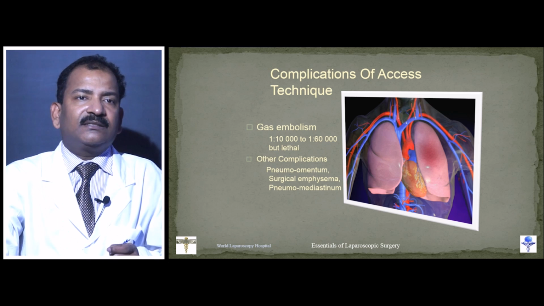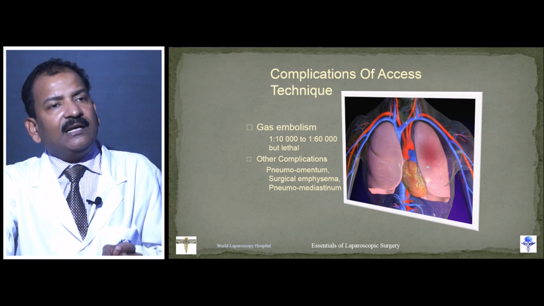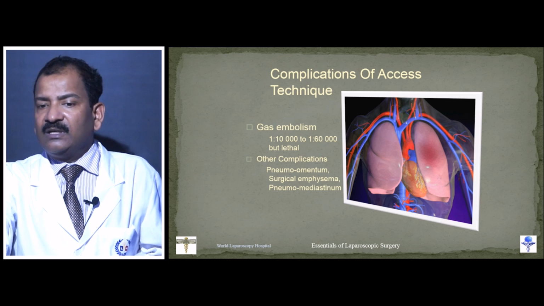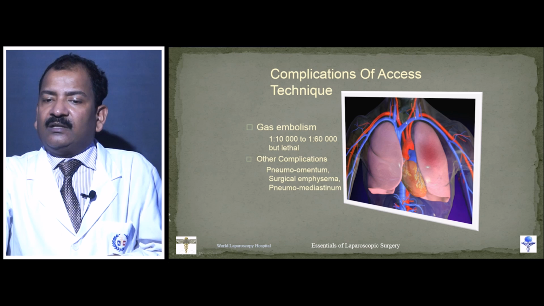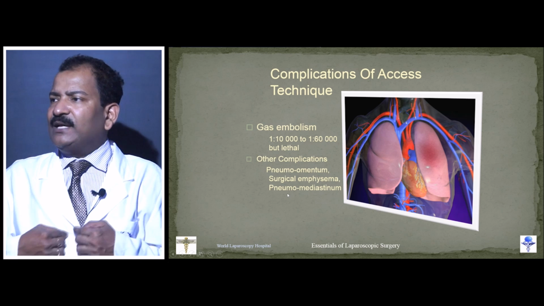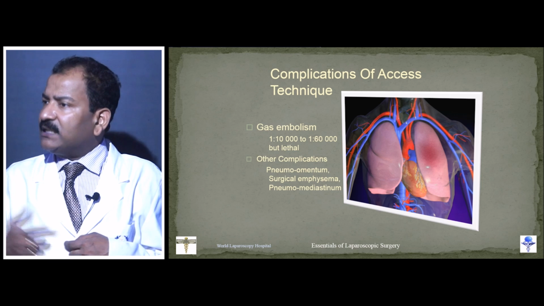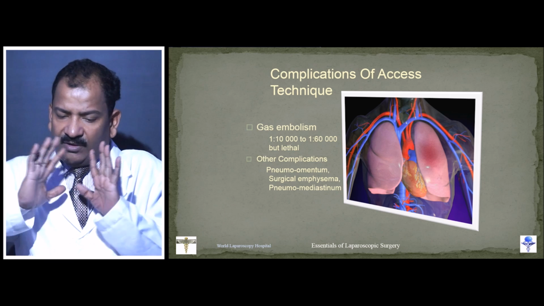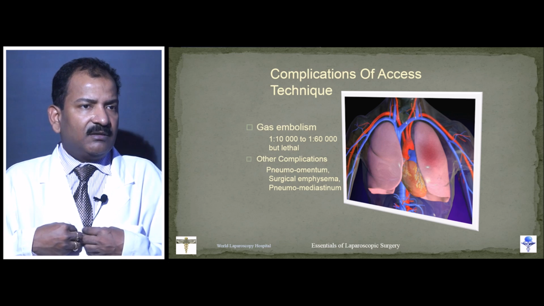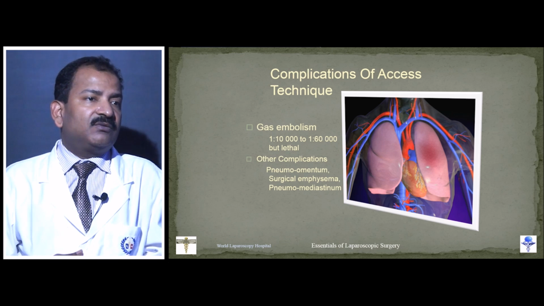So, gas enters. If it is happening in an adult, that means your pressure is more than 25. Pneumomediastinum is a condition in which there is a small opening into the mediastinum, a congenital defect, and with every movement of the diaphragm some gas goes into the mediastinum, but it is not returning back into the abdomen.